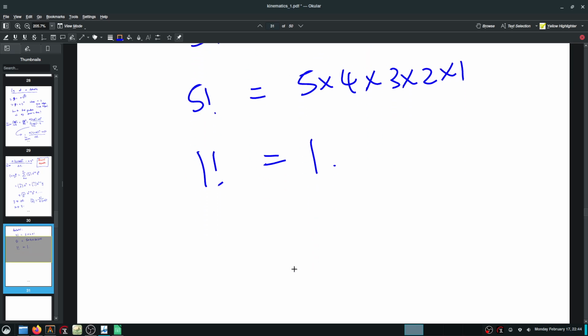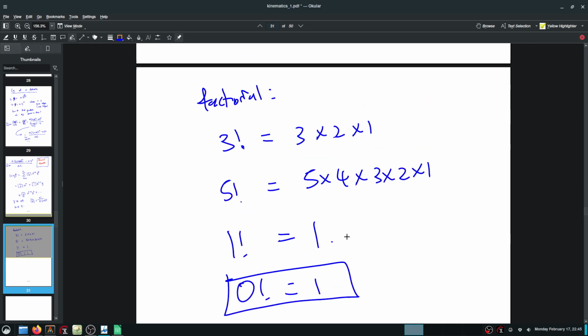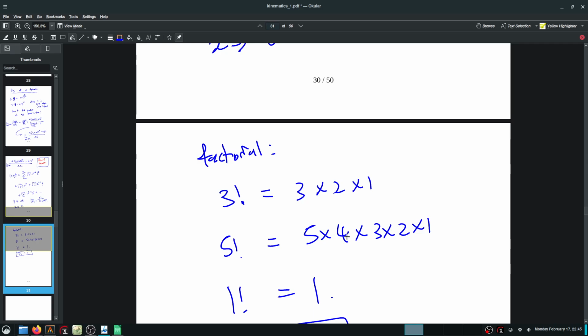Then this one's a special case. 0 factorial is also equal to 1. Why? I don't know, it's just like that. I didn't do mathematics as a major, but this is what it is by definition. So let the mathematicians tell you why. For engineering, or at least for this basic physics, just take it as 1.